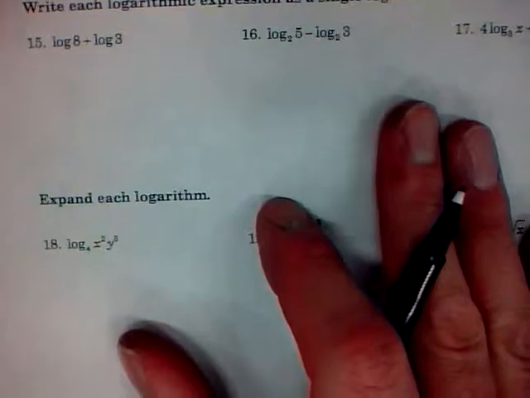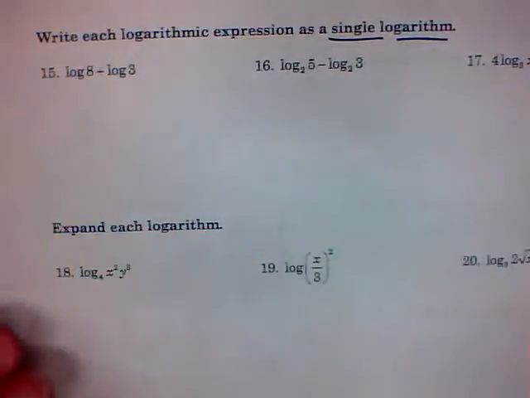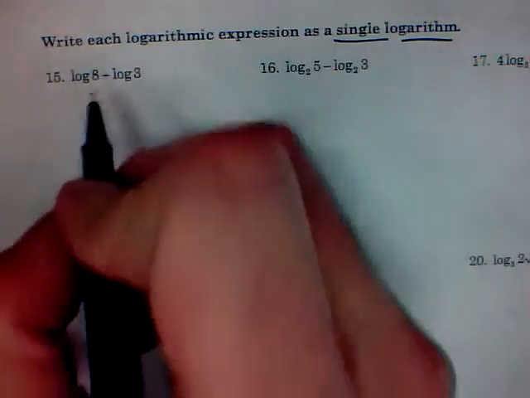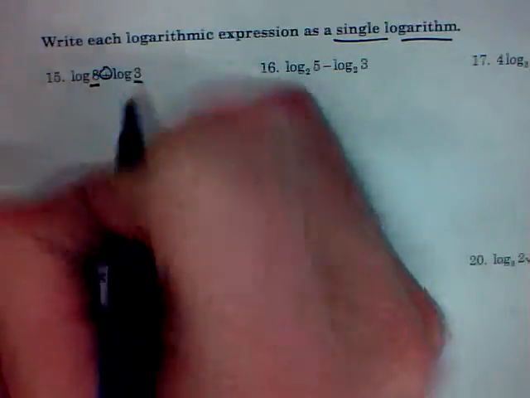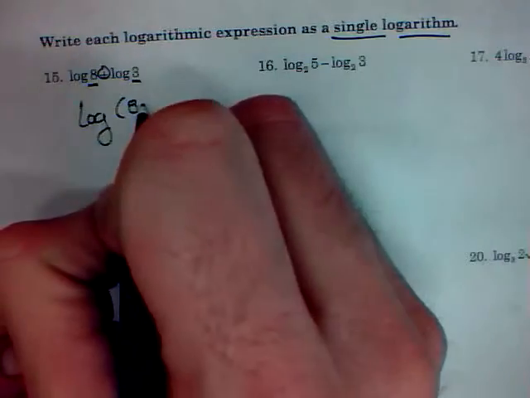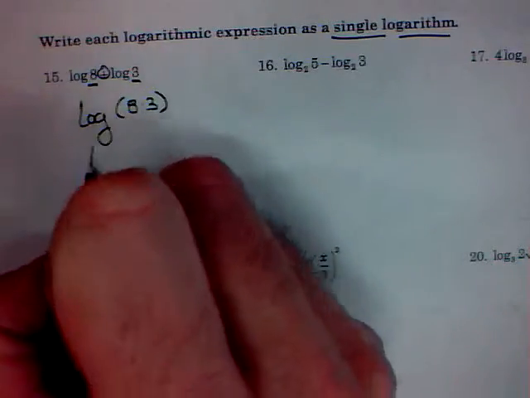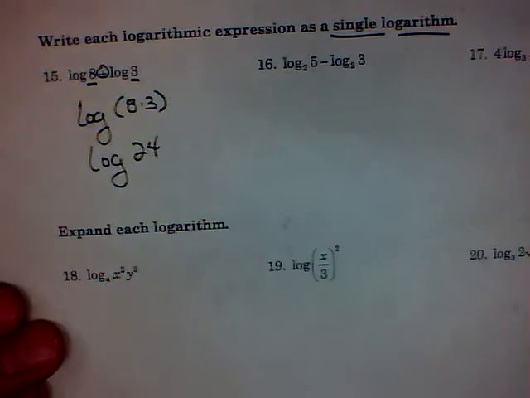So now, let's look at combining logs together, writing them as a single log. So we have 2 logs and we have addition. So when you add, you take this and you multiply. This is log of 8 times 3. So this is actually log of 24. Okay.